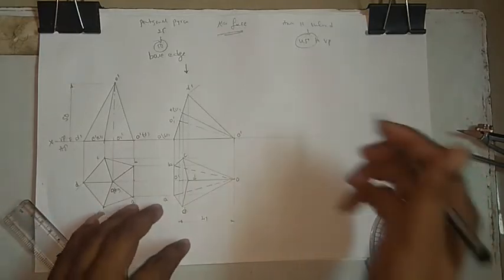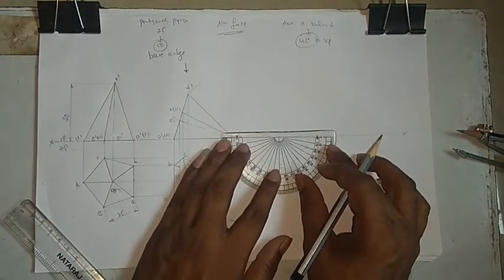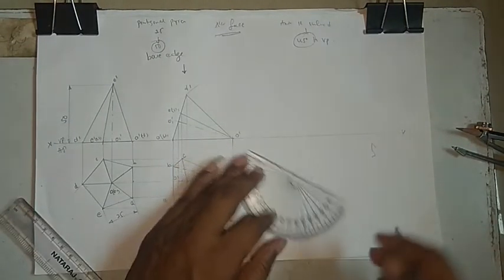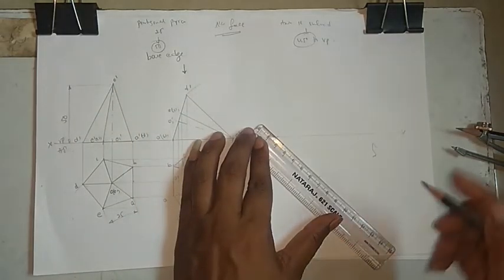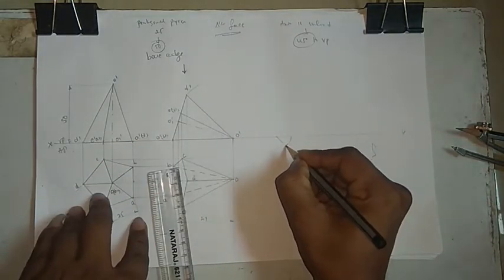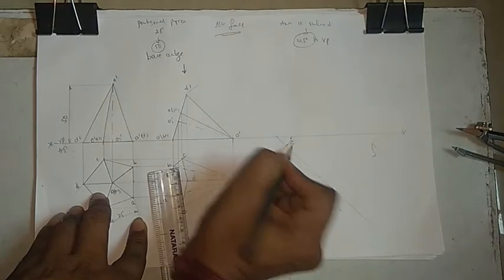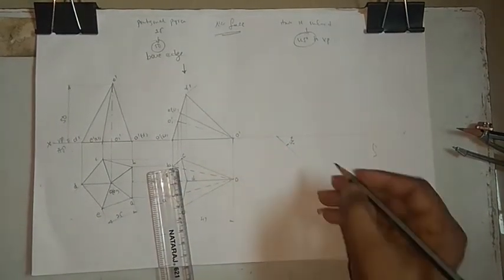So what you can do is, just take a point, from here you take a 45 degree, just drop a line, okay, so this is our 45 degree. Okay, so when this 45 degree is done, take any one reference point.